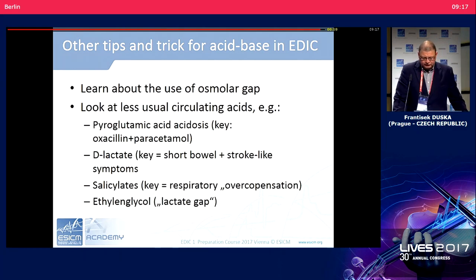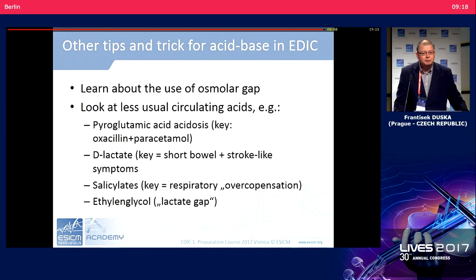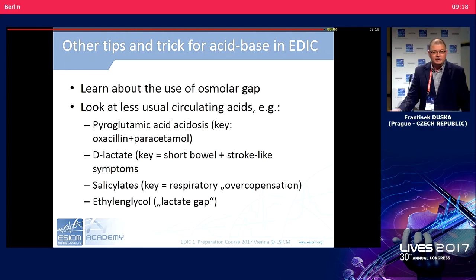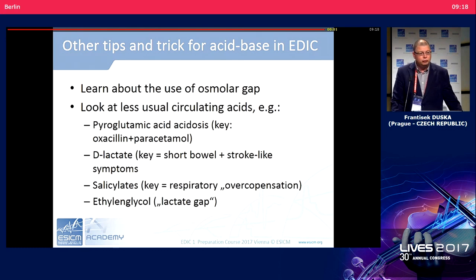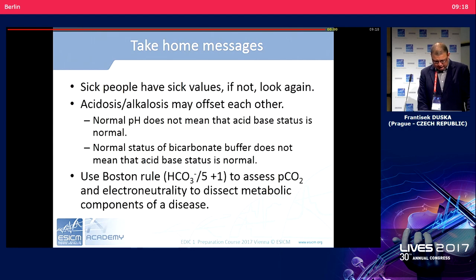I came across difficult questions on pyroglutamic acid acidosis. No one really knew it, but it appeared in EDIC, and it's a combination of flucloxacillin and paracetamol in the vignette, and high anion gap can point it out. If you have got a patient with short bowel and undetected anion and normal measured lactate, think of D-lactic acidosis, salicylate and ethylene glycol. And there are some clues.